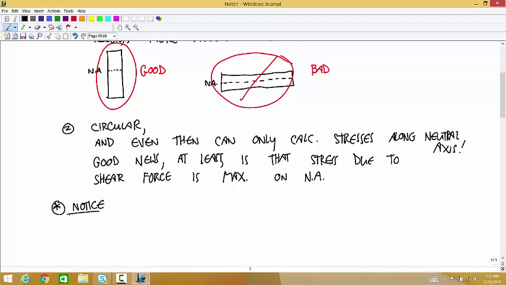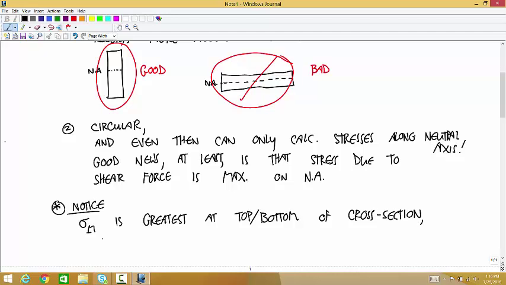Remember that the stress due to bending is greatest at the top and bottom of the cross section, and it's 0 at the neutral axis.